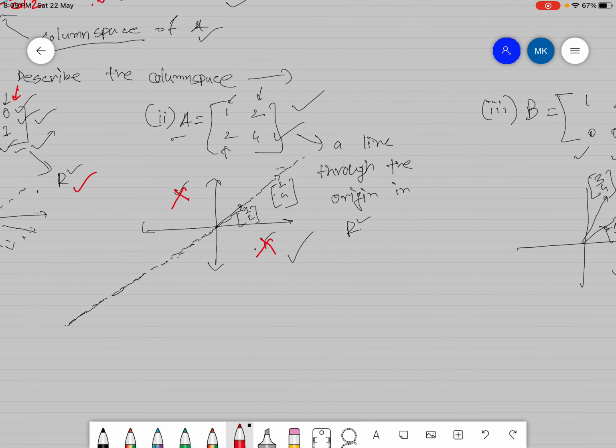Here these 2 columns are dependent, since 2 4 is just a scalar multiple of 1 2, so they cannot fill the whole vector space of R2, because the second column does not add anything new to the first column.